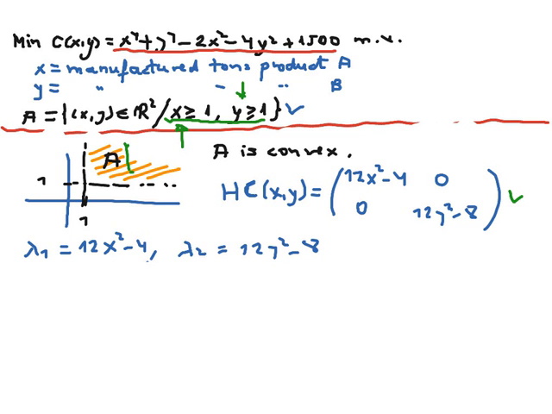These signs can change, but we must be restricted to set A. So, if x is greater or equal than 1, then x squared is also greater or equal than 1, and 12x squared is greater or equal than 12, and then 12x squared minus 4 is greater or equal than 8, which is greater than 0.